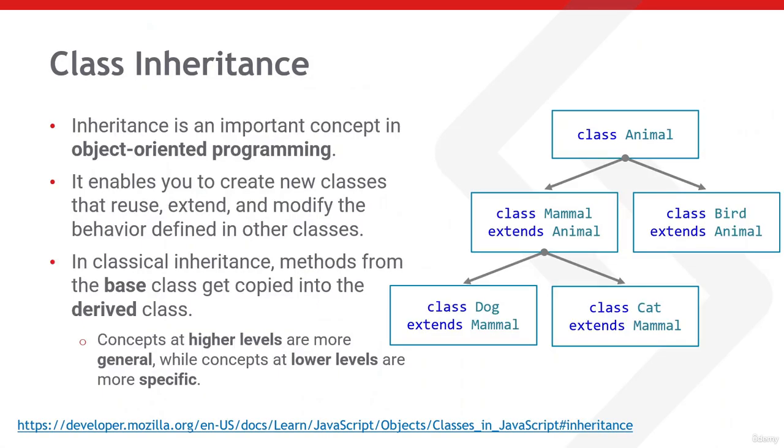And that's what inheritance does. It allows us to create one class that will work as a base for everything, and then I can create subclasses from that main class, which will be an extension of that main class.